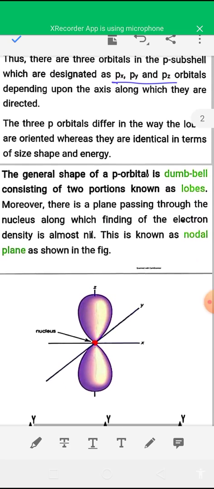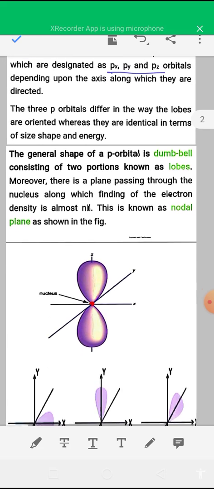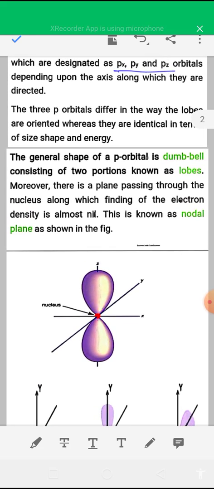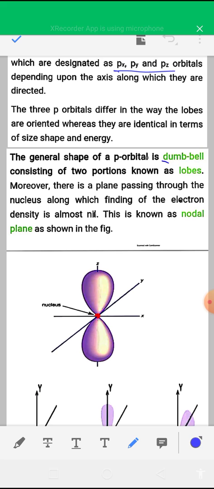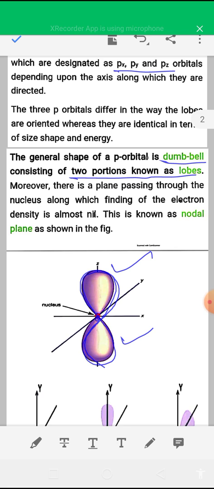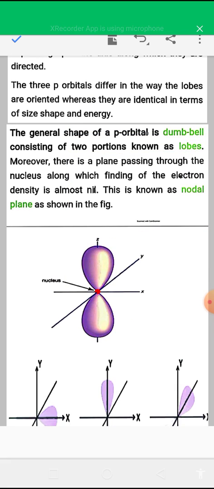Now see the shape of the different p orbitals. The shape of a p orbital is dumbbell-shaped, consisting of two portions known as lobes. The electron density at the nucleus is 0.